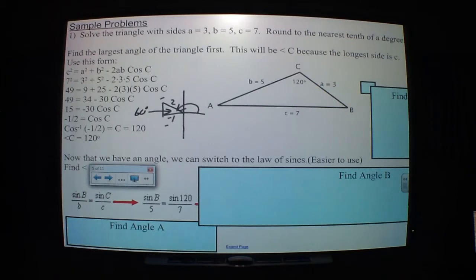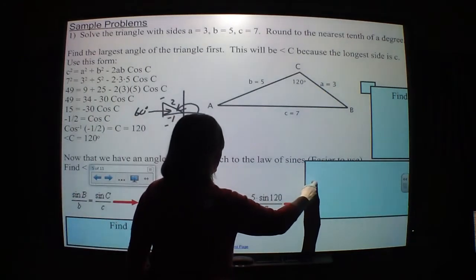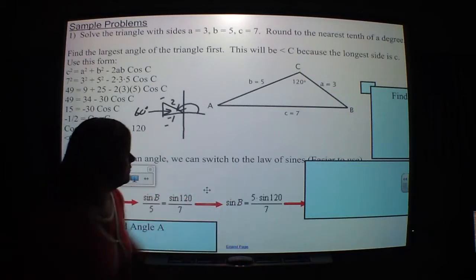Cross multiply and then solve it for B. When you cross multiply, you have 7 sine of B is equal to 5 sine of 120. Divide through by 7. I want B, not sine of B, so take the inverse sine.